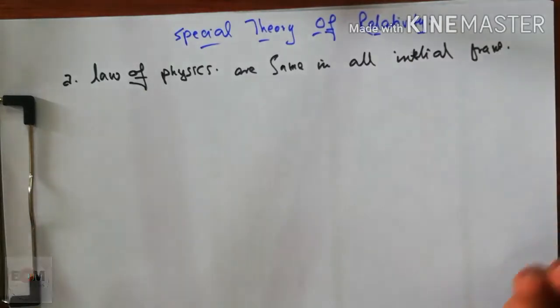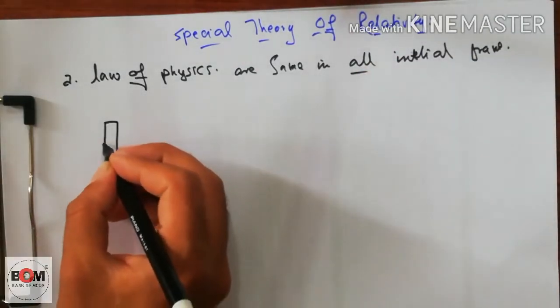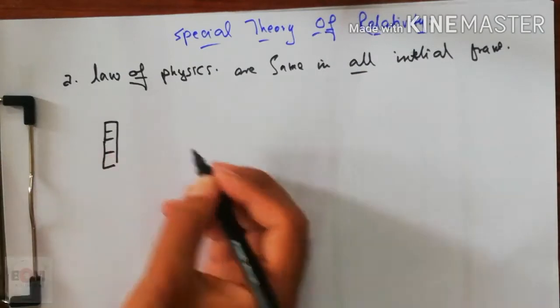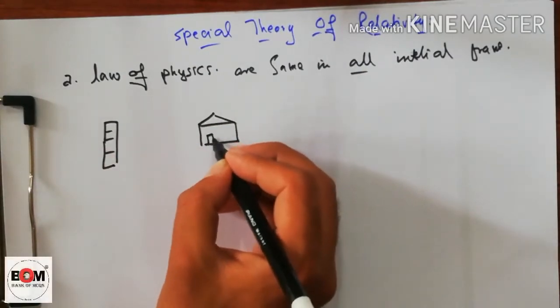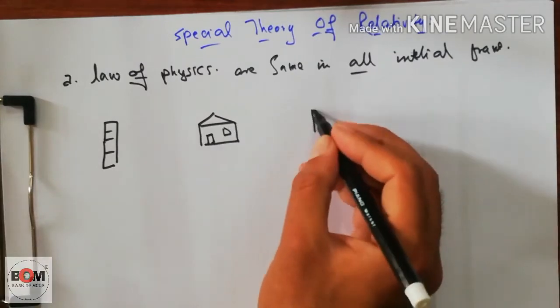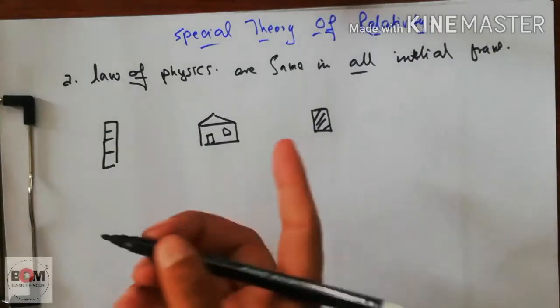If you have two frames, all inertial frames means every inertial frame. So I take two frames. The first one is the building. The second is, for example, some type of home or any other reference.